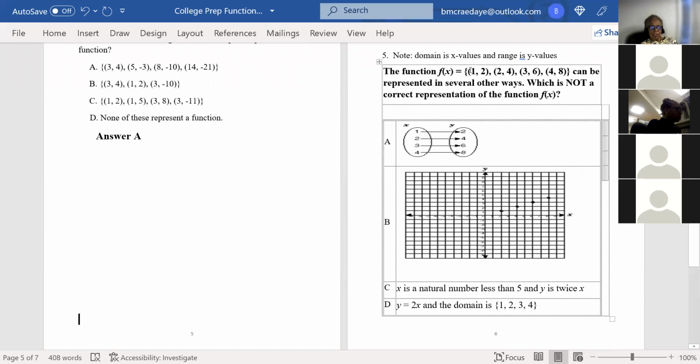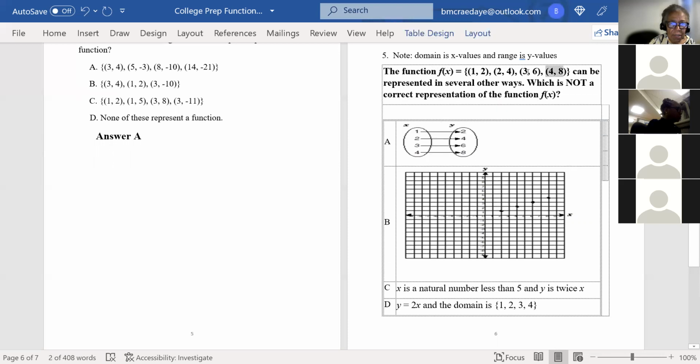Now here's the function: 1, 2, 2, 4, 3, 6, 4, 8. These are ordered pairs. That's the function. Now, which of these do not represent the correct function representation of this function?